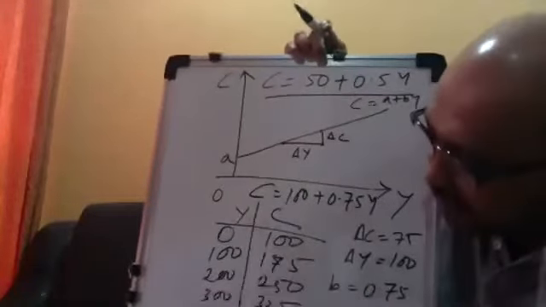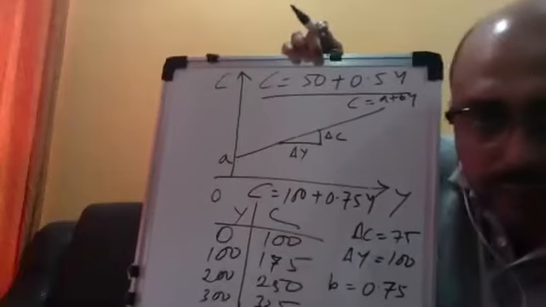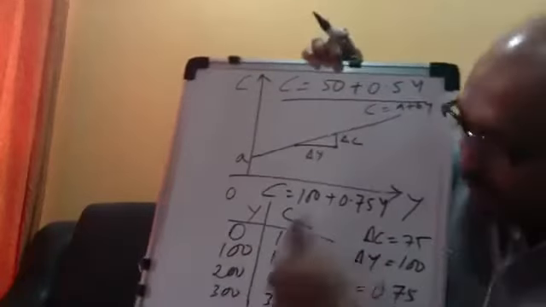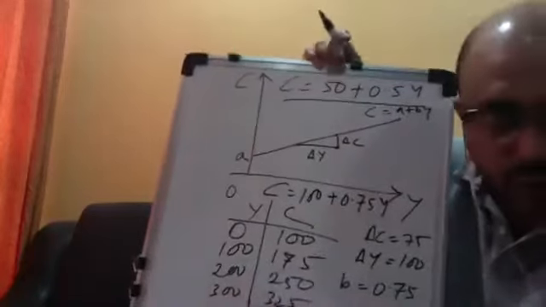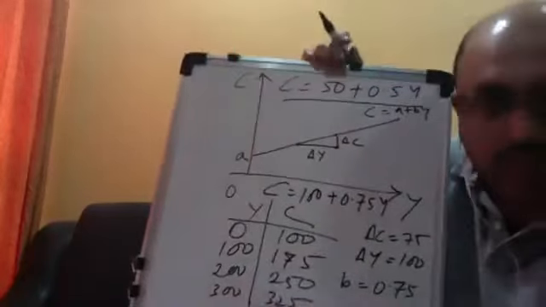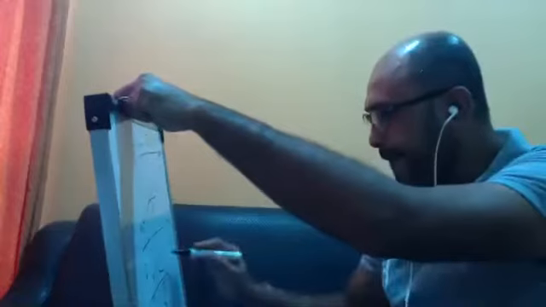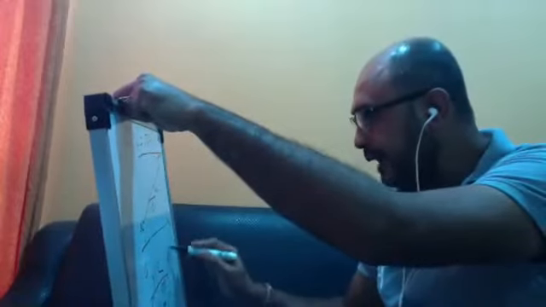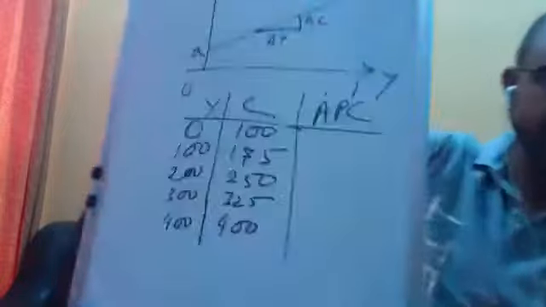Now from this table, we find out APC. How to find out APC from this table? You also can do it on your own. Make another column to the right and write APC. The heading of the column is APC.